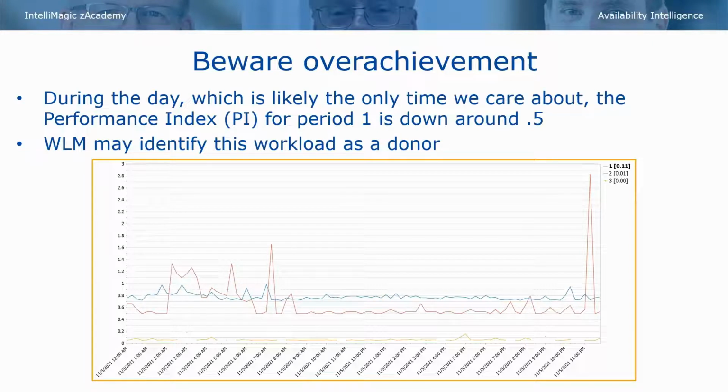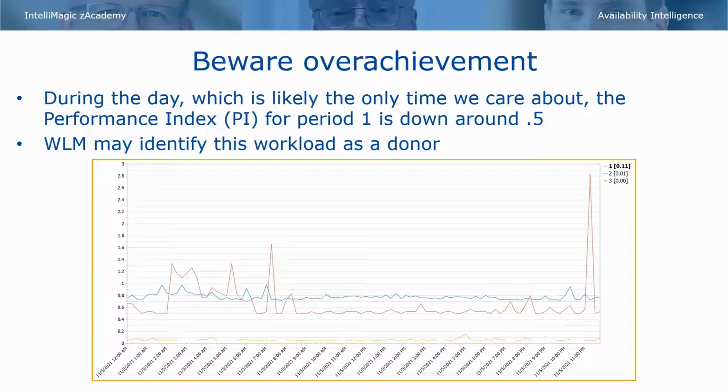Well, beware overachievement. So this chart shows the performance indices for all 3 periods in this service class. The red line, which is the second one down from the top, is the first period PI. And we can see it's consistently around 0.5 throughout the day. Now, PI is less than 1, or PI 0.5, it's less than 1, right? So that's good. I'm meeting my goal.